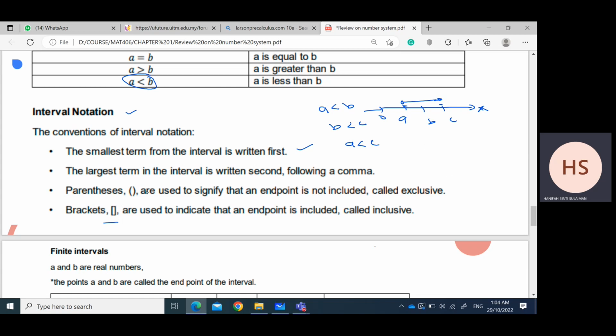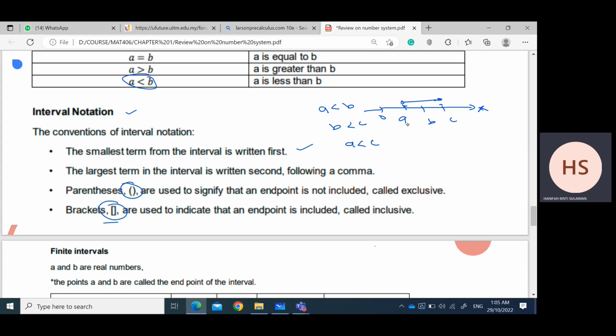Okay, so ada dua cara untuk interval. Satu kita gunakan parenthesis yang ini, satu lagi kita gunakan square bracket. So parenthesis yang ini adalah untuk menunjukkan endpoint dia tidak termasuk.